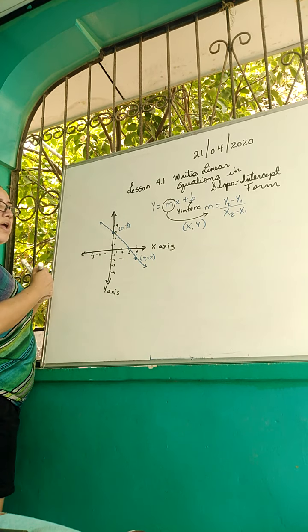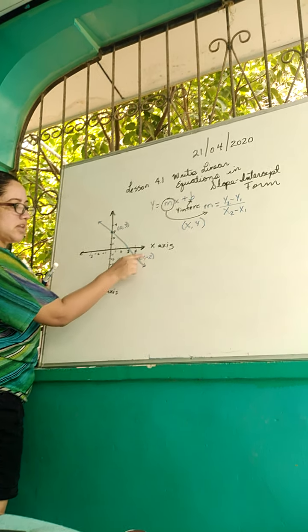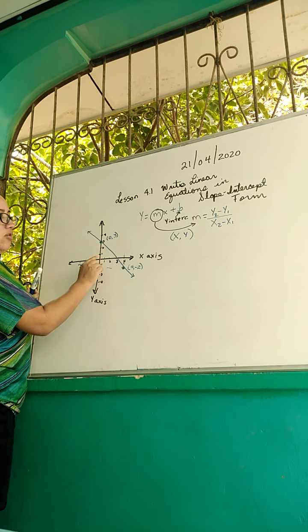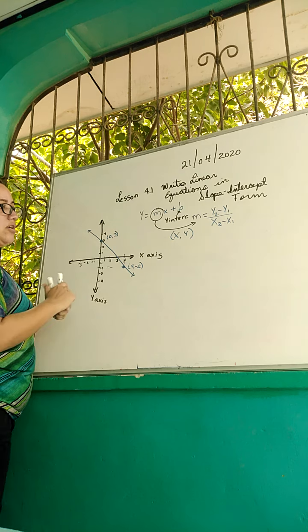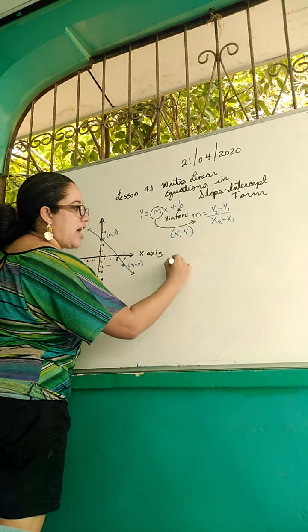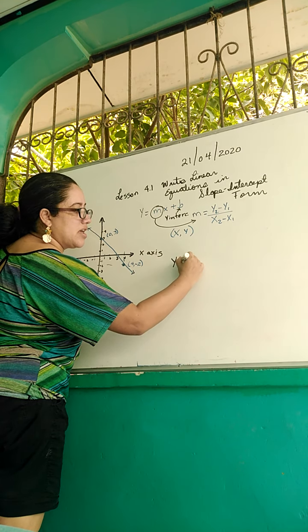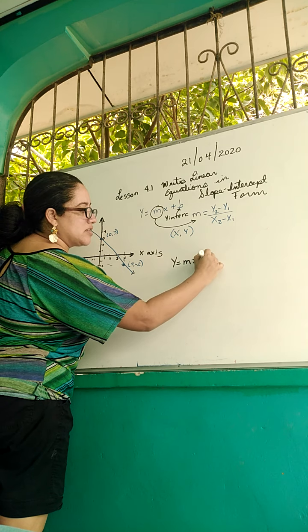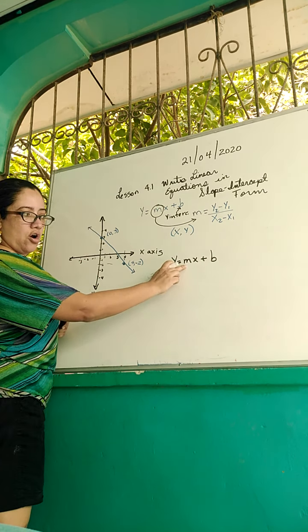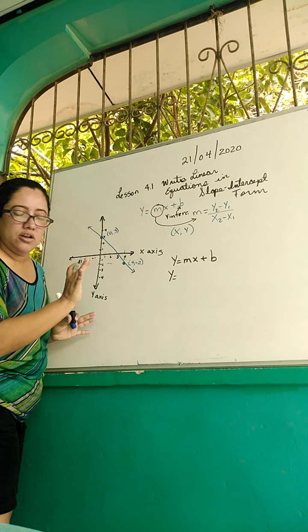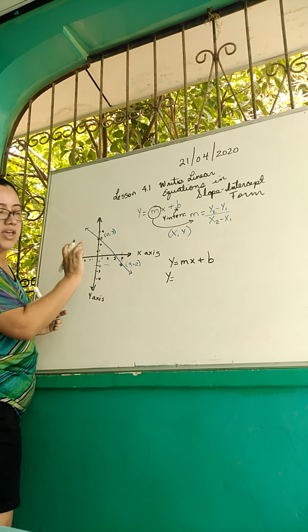Okay, so right now we have the 2 points that we will need. Now, if we have the formula y equals mx plus b, first of all, do we know the slope? We do not know the slope because we have to calculate it.